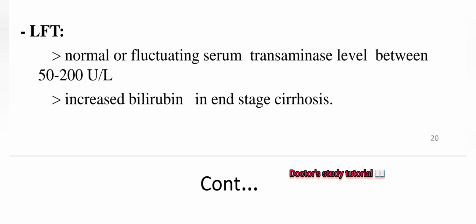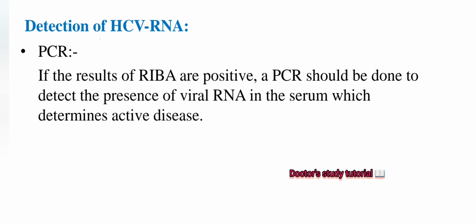Another one is liver function test. Normal or fluctuating serum transaminase level between 50 to 200 units per L and increased bilirubin in the stage of cirrhosis. Detection of hepatitis C virus RNA by PCR.